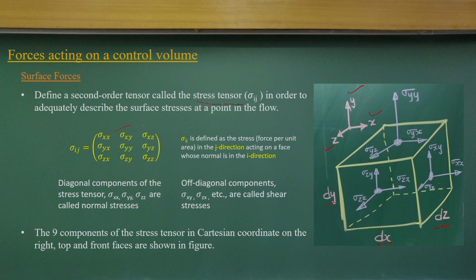The subscripts describe the stress in the j direction acting on the face whose normal is in the i direction. This is a similar notation to what we use in solid mechanics. So you have the stress tensor coordinate system defining the 9 stress components. The diagonal components, sigma xx, sigma yy, sigma zz, are normal to the surface.